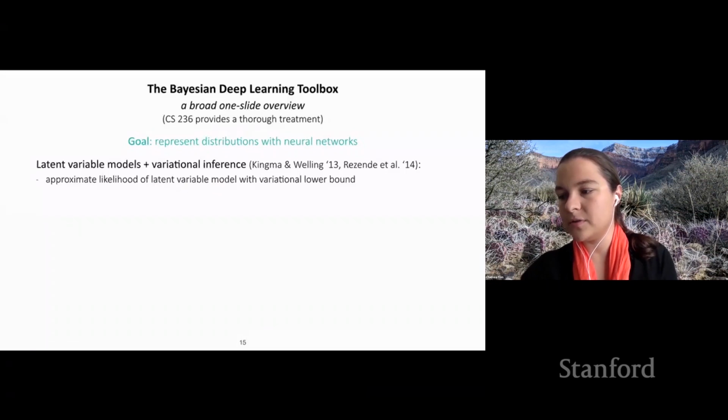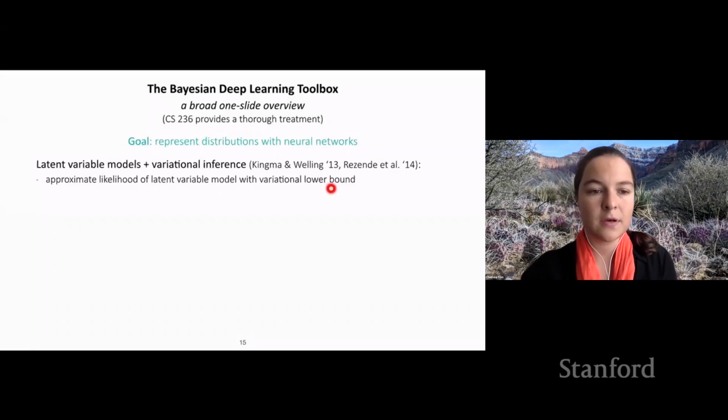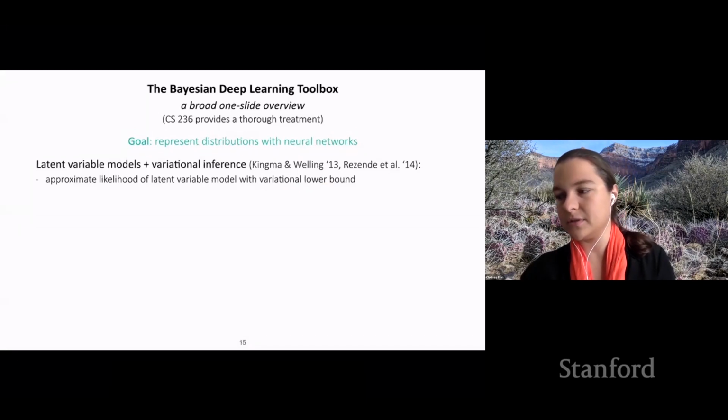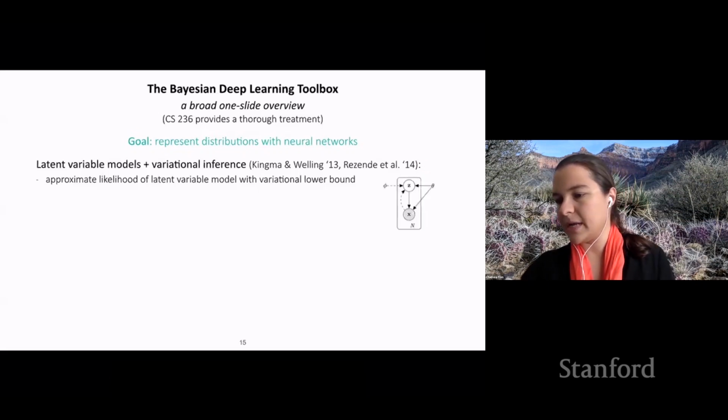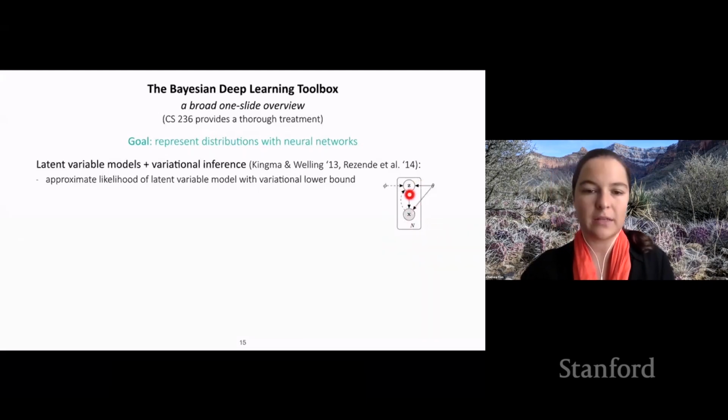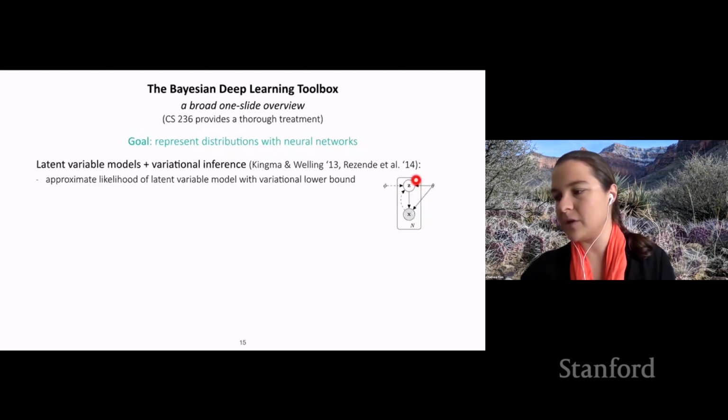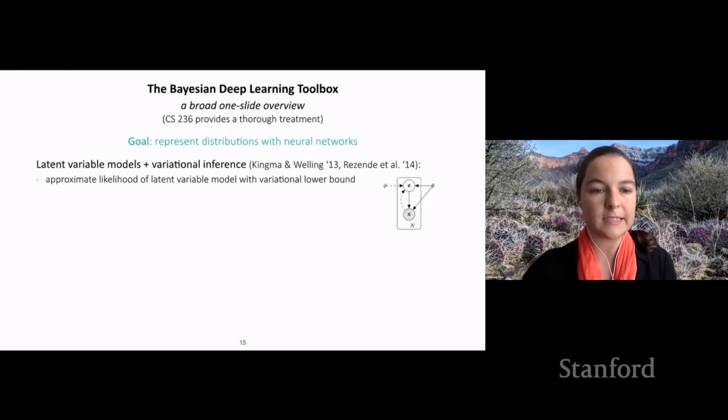The way they do this is they optimize a lower bound on the likelihood, and we'll get into some of the details of this approach on the next slide. What I mean by a latent variable model is that you have your observed data and you have some unobserved latent variable. And this will allow you to better represent the distribution over the data itself.